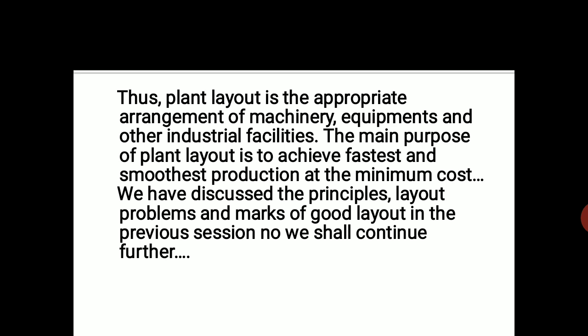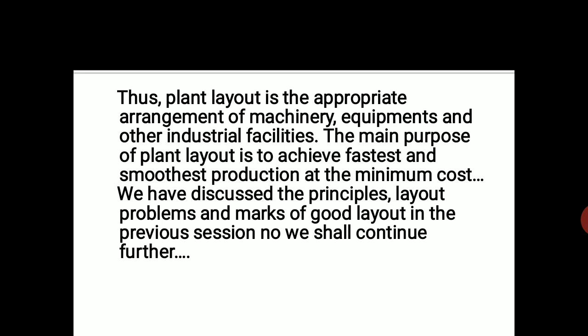Thus, plant layout is the appropriate arrangement of the machinery, equipments and other industrial facilities. The main purpose of plant layout is to achieve... By now it should be very clear that the main purpose of plant layout is what, or what is plant layout?